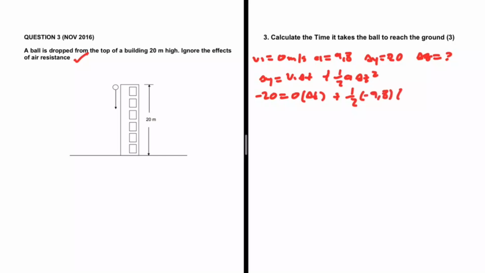Delta t is what we are interested in. Obviously, you can also use the equation Vf equals Vi plus a delta t, because we calculated Vf above, but I don't want to use that equation.